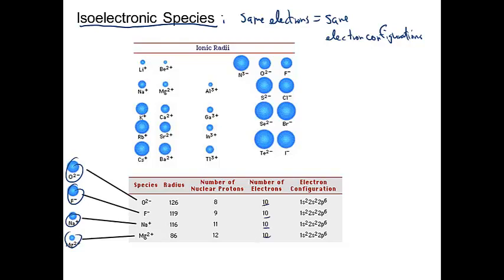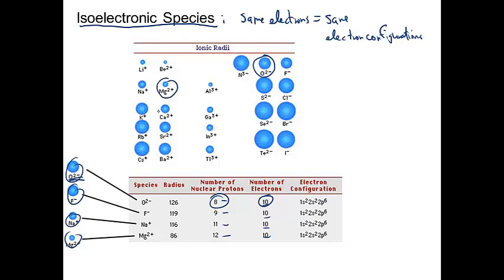They're using the same orbitals and the same number of electrons. What's different is the number of protons in the nucleus. Oxygen is atomic number 8, so it has 8 protons in the nucleus. Fluorine is 9, sodium is 11, magnesium is 12. And so what we see is oxide is the biggest of those ions because it has the fewest protons pulling those 10 electrons.